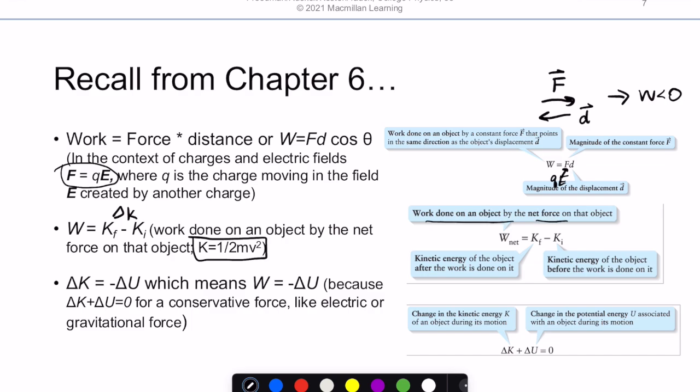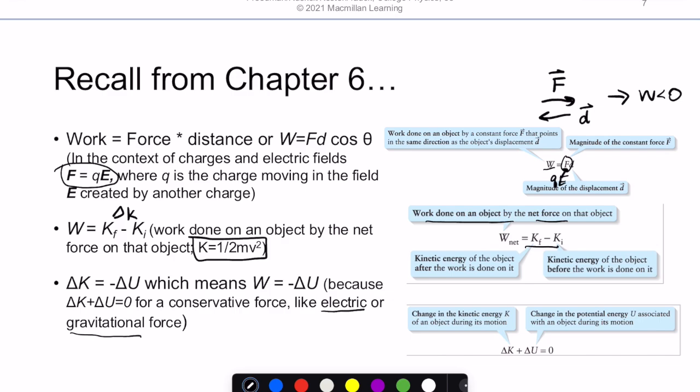So if you add up all the forces and you get a resulting force here, the work done will also be equal to the change in kinetic energy of that object. And so finally, what if this force is a conservative force? Okay, guess what? Electric force is a conservative force, just like gravitational force.